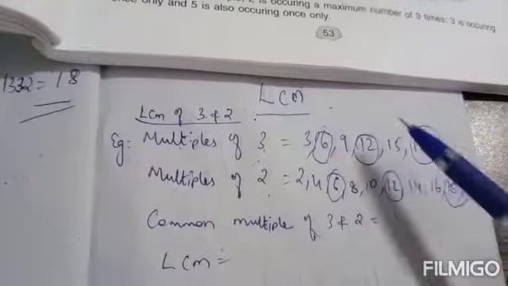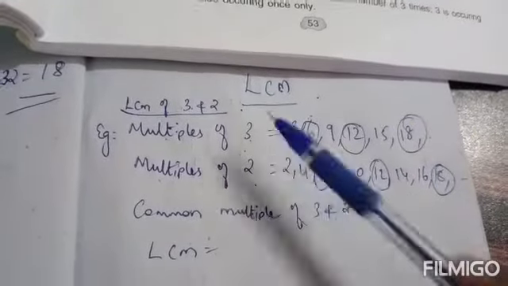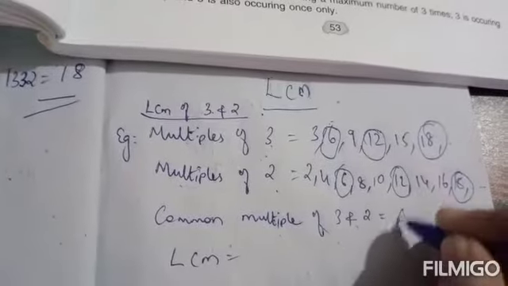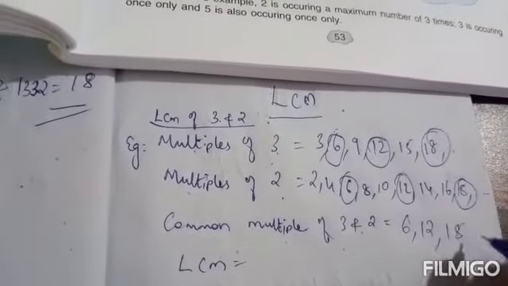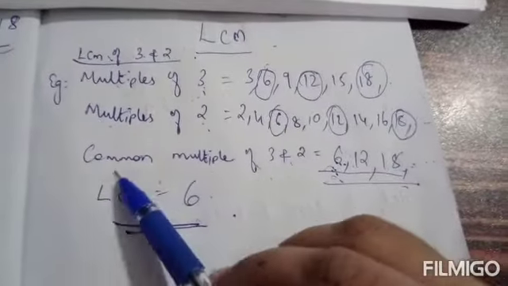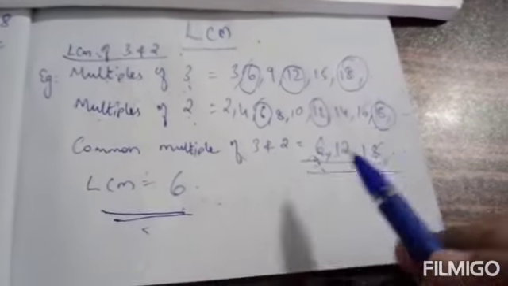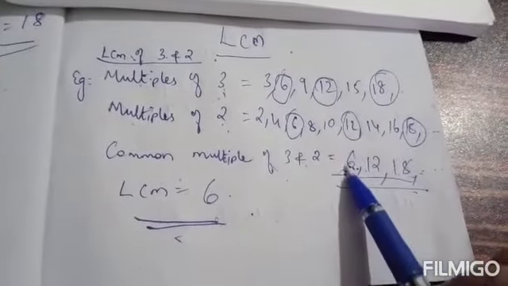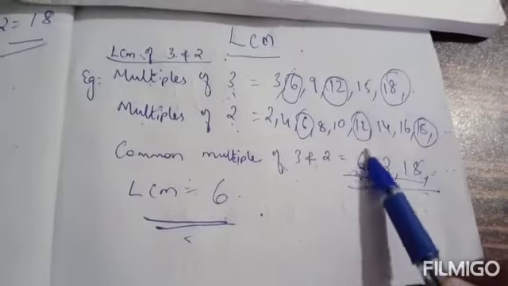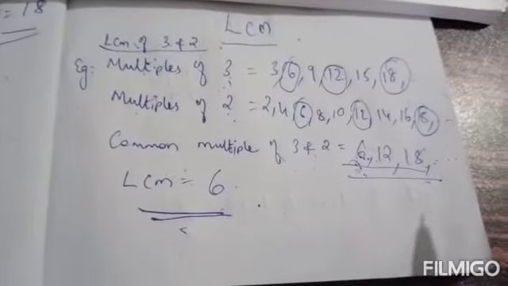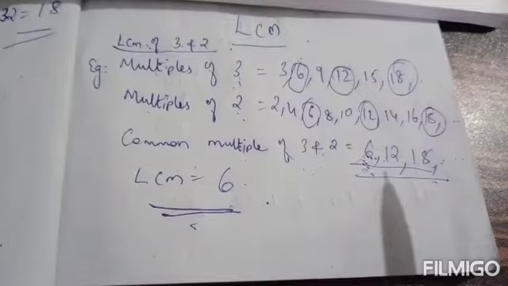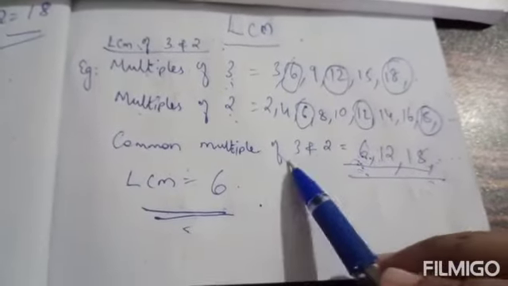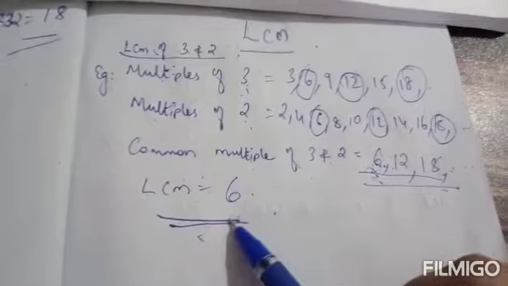So the multiples common to both 2 and 3 are the common multiples of 3 and 2: 6, 12, 18, etc. Among these common multiples, 6 is the smallest number. So the LCM of 3 and 2 is 6.